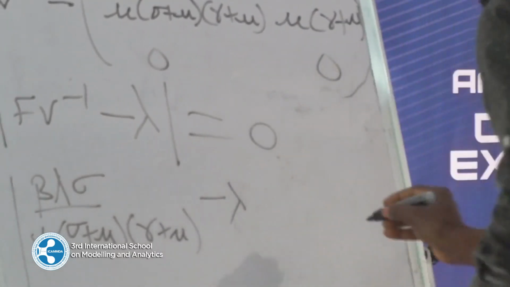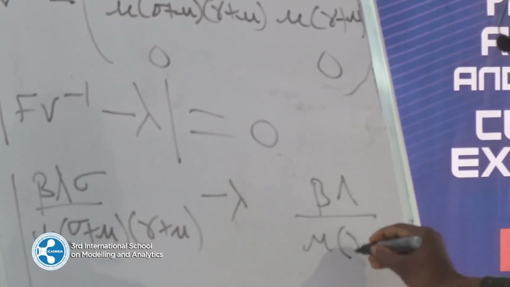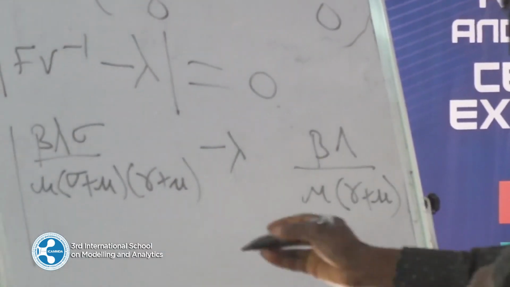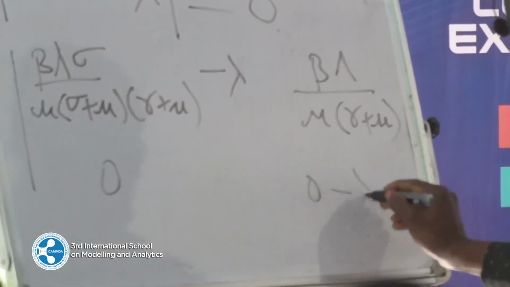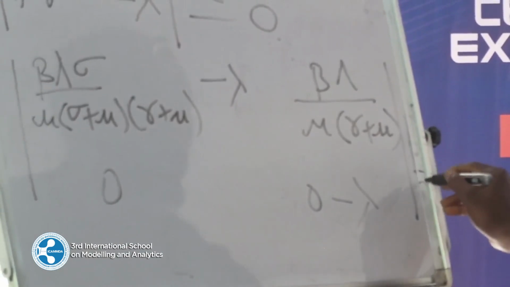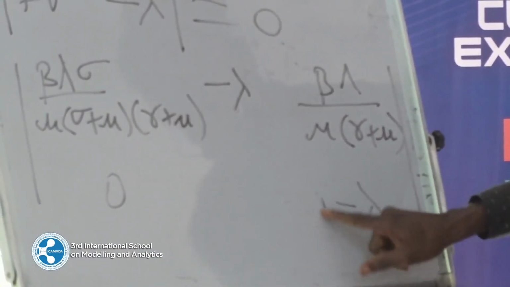Minus lambda. Then I have beta lambda over mu into gamma plus mu. Then I will have 0, 0 minus lambda equals what? Equals 0. So that means this becomes what?